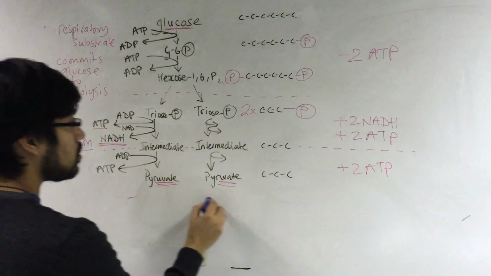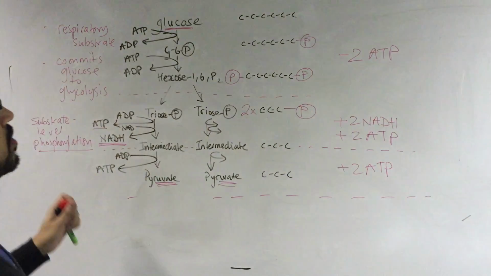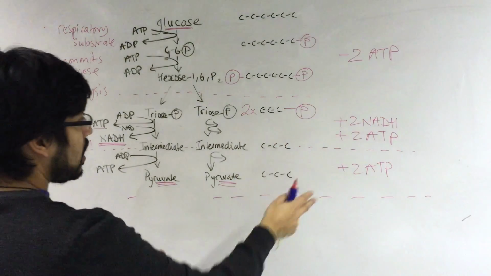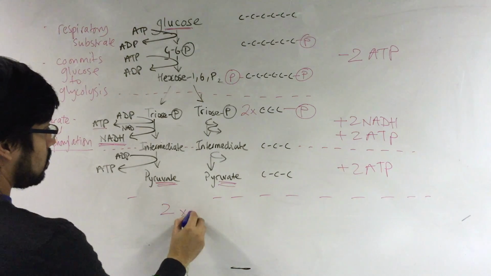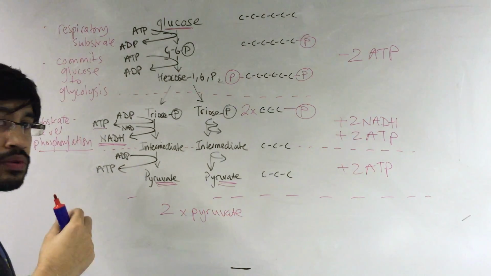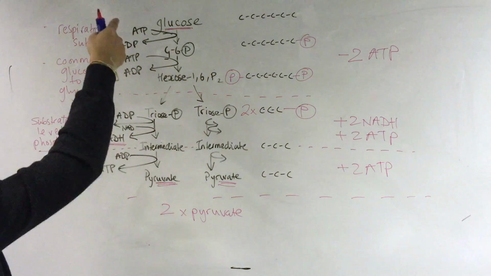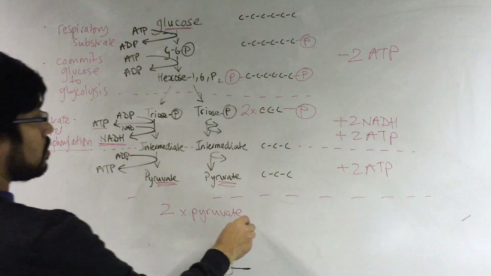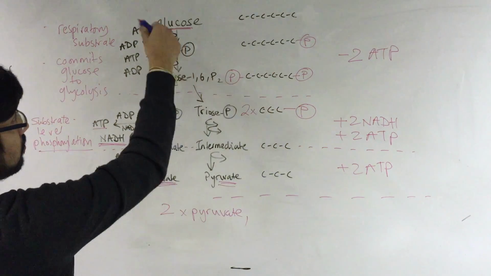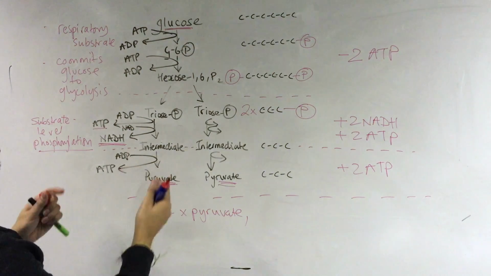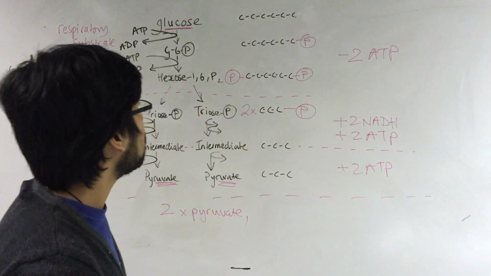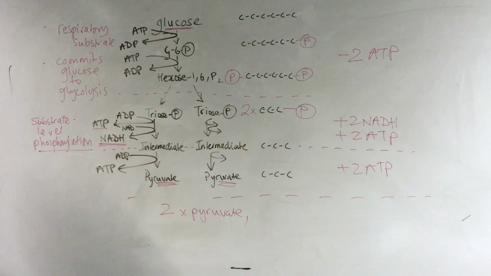So overall, what's happened during glycolysis is we have 2 pyruvate molecules produced from the single glucose that went in. We have 2 ATP used up in the first part of the glycolysis process. Remember, we had to give glucose a little bit of a nudge so that it was ready for all these further modifications.